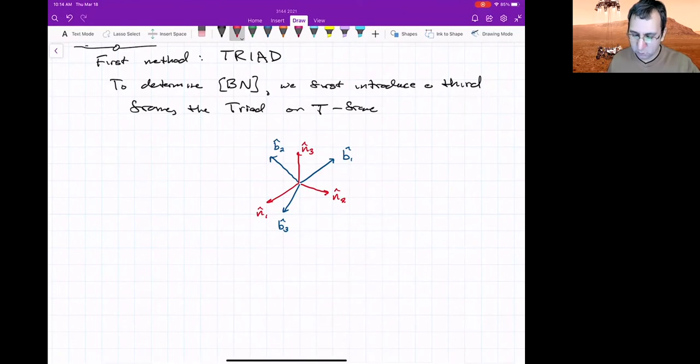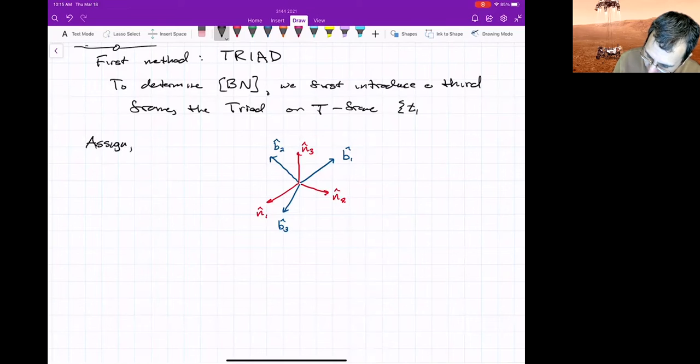We need to pick one of our measured vectors as the first direction for a third frame, and I'll make this third frame green. We assign this T frame to be T1, T2, T3. We assign T1 equal to the sun direction.